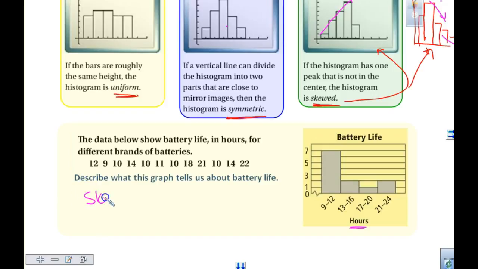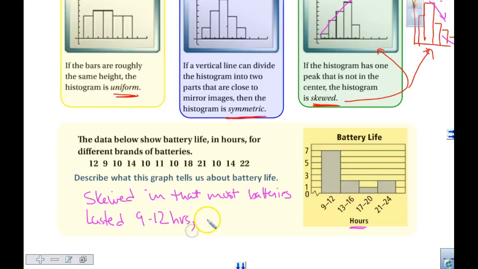It is skewed in that most batteries last how long? Most of the batteries that we surveyed lasted between 9 to 12 hours. Okay? But there were a few.